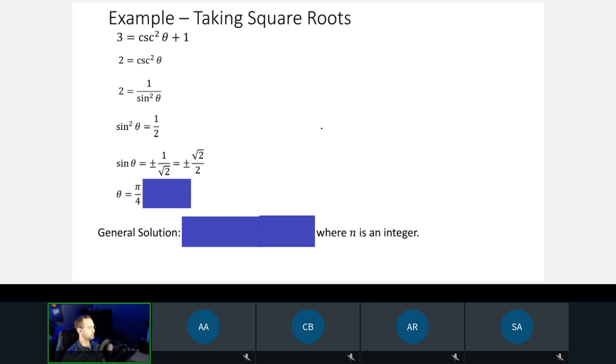All right. So now you do the, oh, I didn't show it. You're basically doing inverse sine on both sides, right?